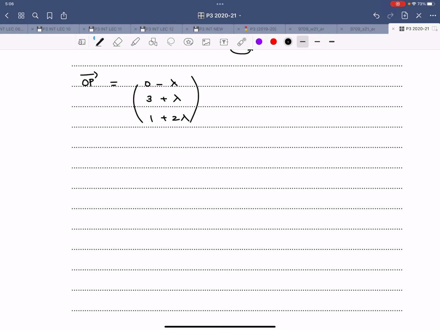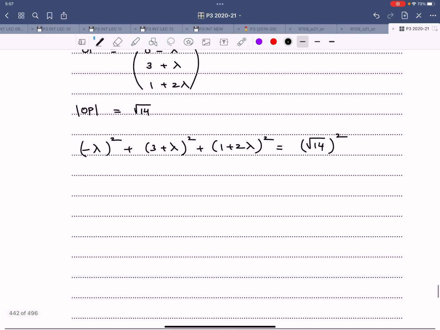And then the magnitude of OP is root 14. So therefore (minus lambda) whole square plus (3 plus lambda) whole square plus (1 plus 2 lambda) whole square is equal to root 14 whole square. So what you get is a quadratic expression. Let me proceed. This is lambda square. This is 9 plus 6 lambda plus lambda square.